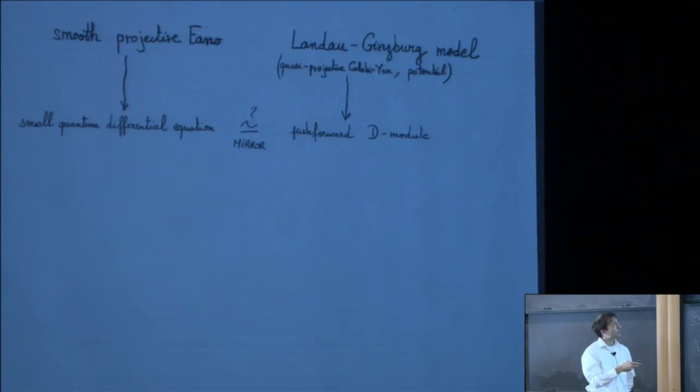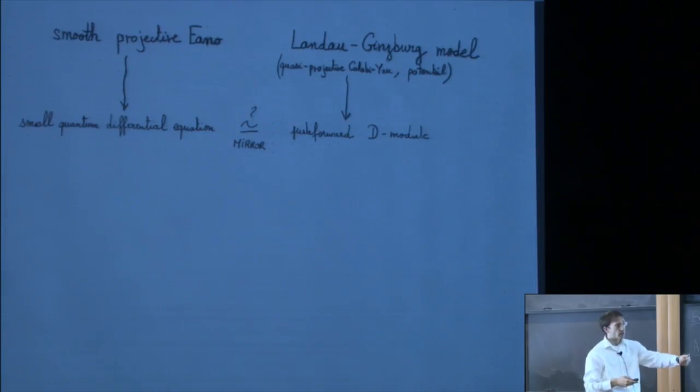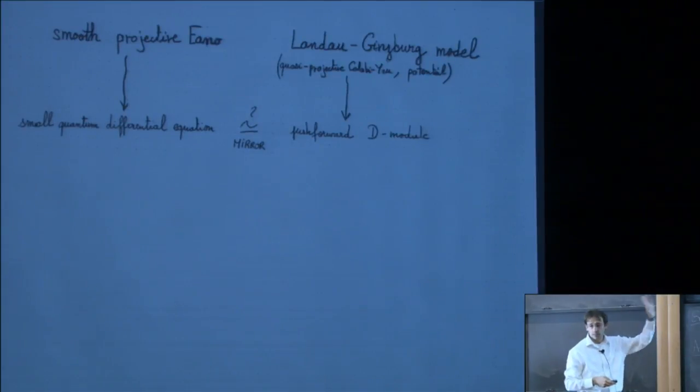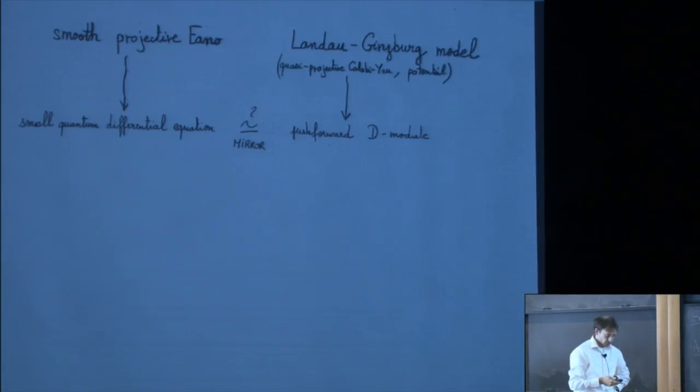On the B side, you have this Landau-Ginzburg model, and from this I'm going to extract this integral, which I want to view as a D-module. The mirror type question I look at is that, if you have a Fano mirror pair, these two are expected to be isomorphic objects. That's the kind of result I'm looking at.